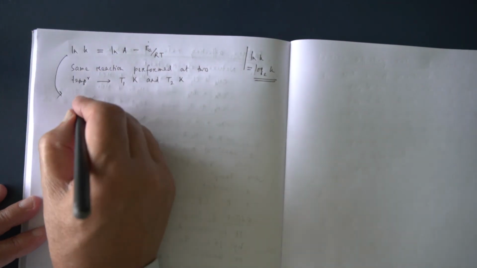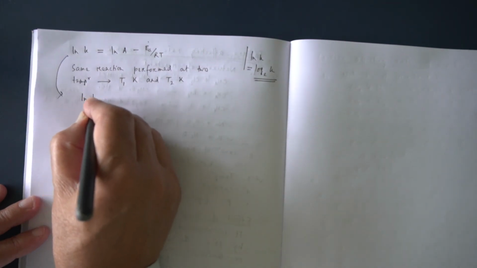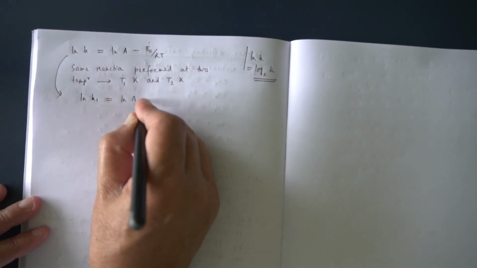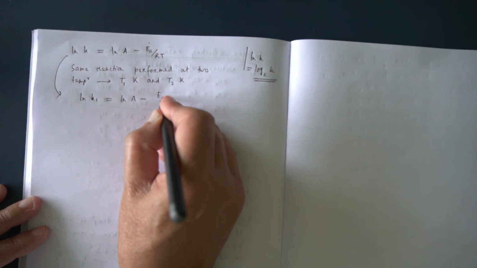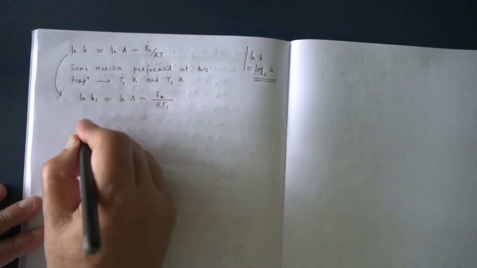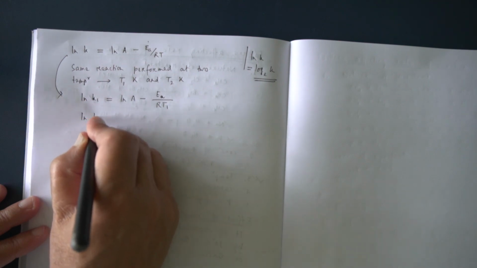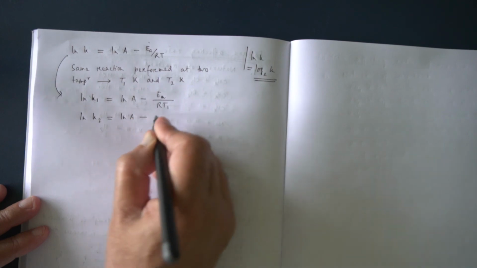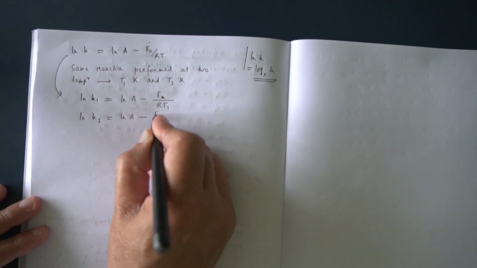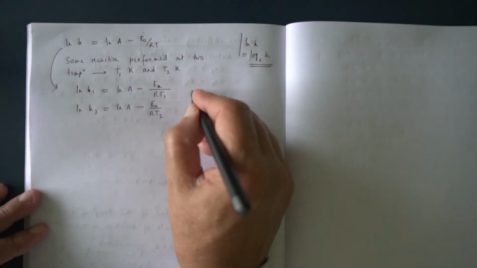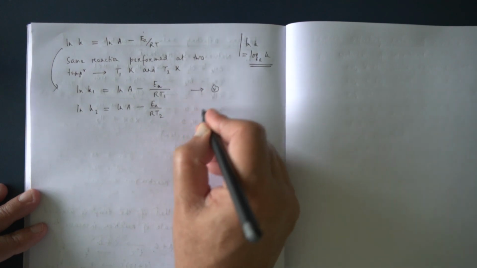What can I write? ln K1 equals ln A minus EA by RT1, and ln K2 equals ln A minus EA by RT2. Okay, we can write. So this is 5 and this is 6.